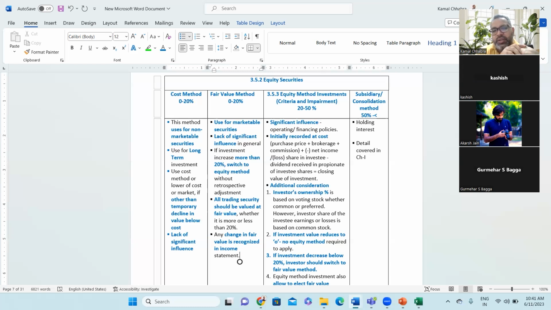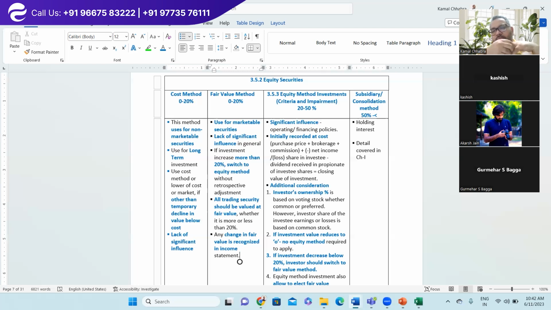Second, how do you record an equity method investment? Initially, it is recorded at cost. And what is cost? The purchase price at which you purchased, plus any brokerage or commission paid. Then plus or minus your share of income or loss in the investee, minus any dividend received in proportion to the investment share. That is the closing book value of the investment.